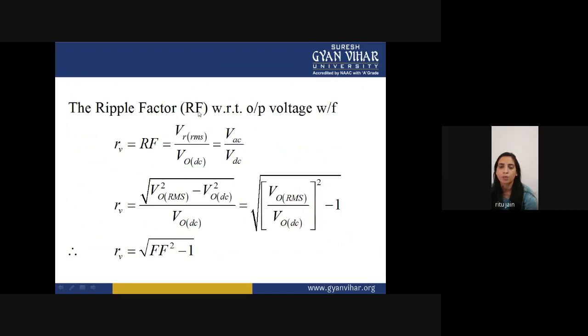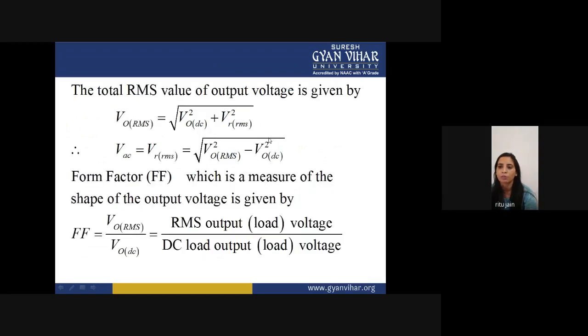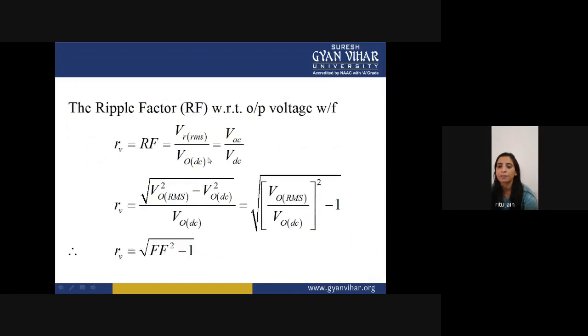If you talk about RMS voltage, you have to consider the AC voltage upon DC voltage. So ripple factor can be written with the value of V AC or V RMS voltage. You can get it from this equation, and you can put this equation in this formula.